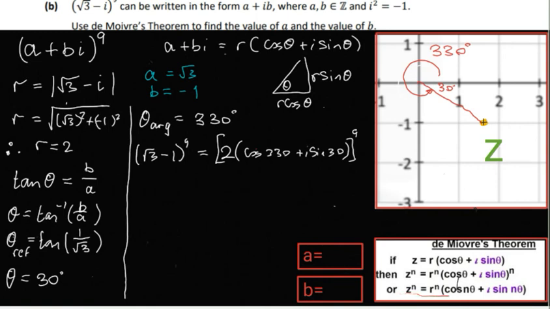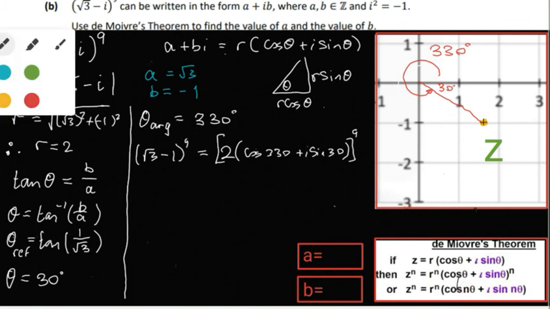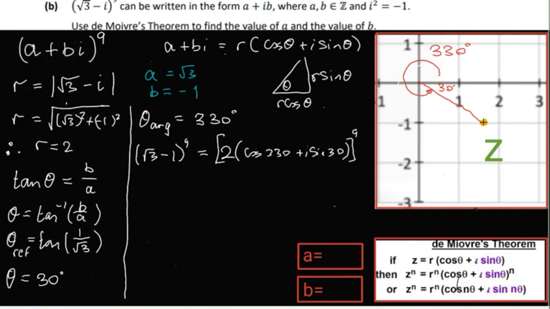It replaces the n, and we're going to bring it in here and bring it in here. So it's going to compound our modulus as a power, and then it's going to multiply our angle. So we have 2 to the power of 9 by cos of 9 by 330 degrees plus i sine of 9 by 330 degrees.